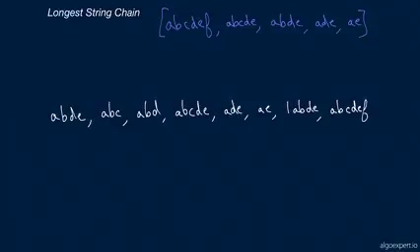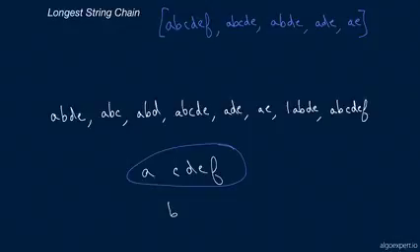As an example, imagine you had the string ABCDEF, which I think we do have in our input list here. You can imagine that you would try removing every single letter from this string. So you might start by trying to remove the letter A, or then you might remove the letter B, so you would do that for every letter. And then let's assume that this string now, ACDEF, is in your list of input strings.